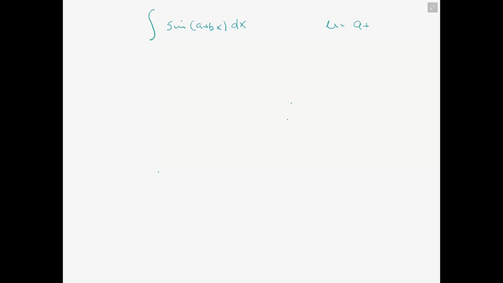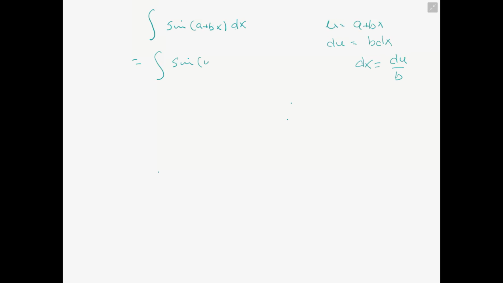But here we're going to stick with u equals a plus bx and du equals b dx, and dx equals du on b.